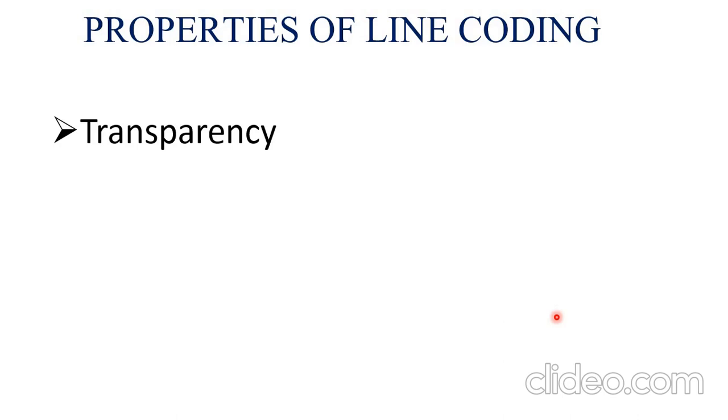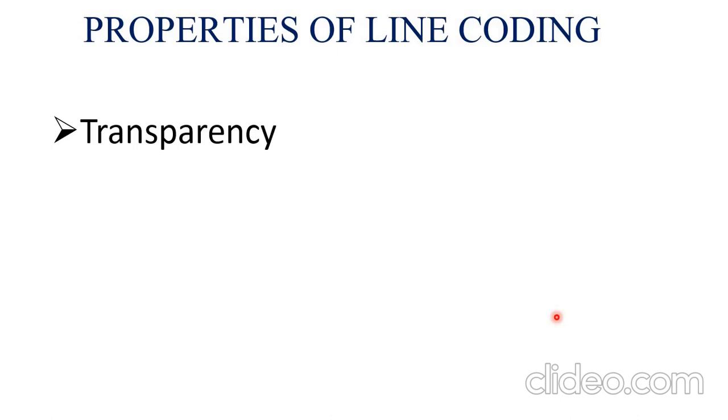So if I am representing 1 by 1 only, I cannot represent it by -1. If I invert the polarity, the basic meaning of the signal would change.